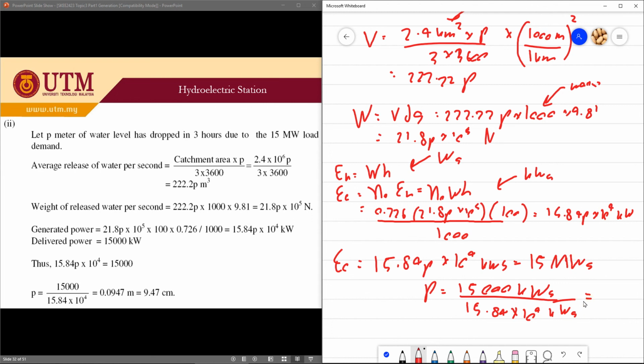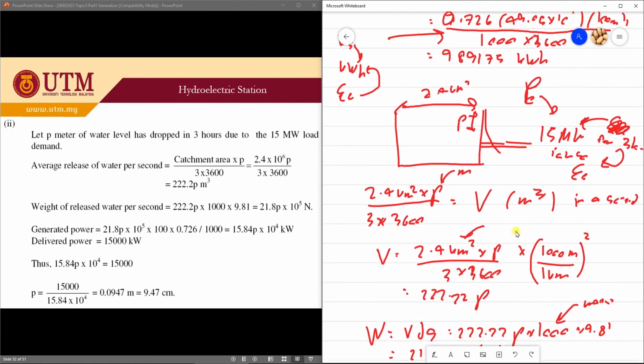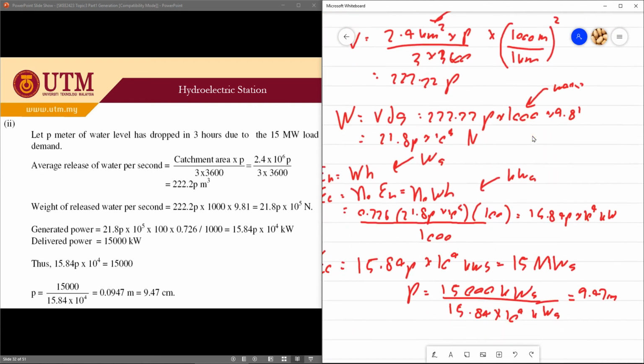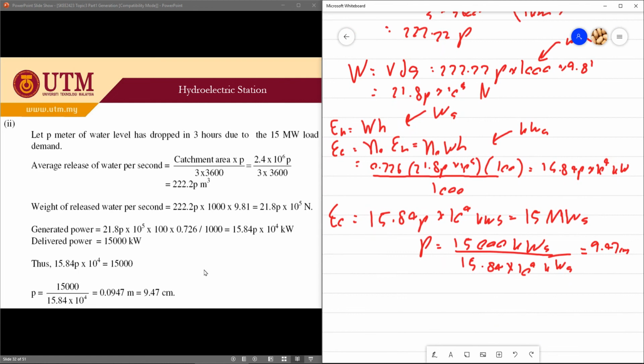So you get 9.47 cm. Okay, so this is the level drop for the water. This is just a small decrease because the area of the reservoir is very large. So that is how you calculate the water drop.